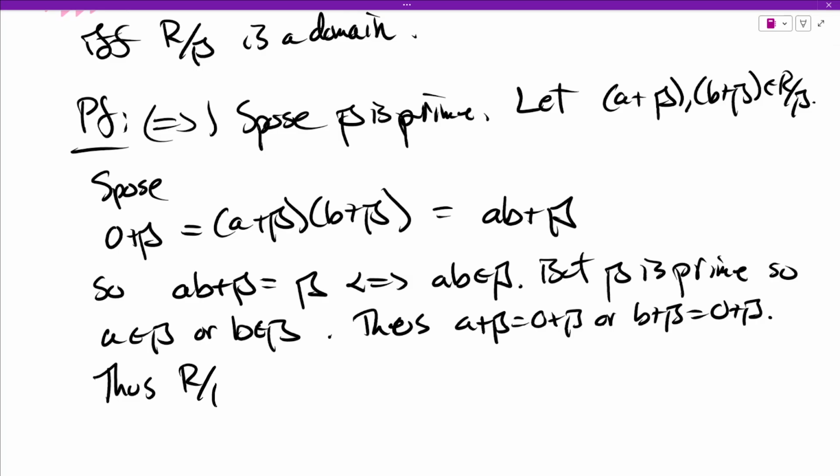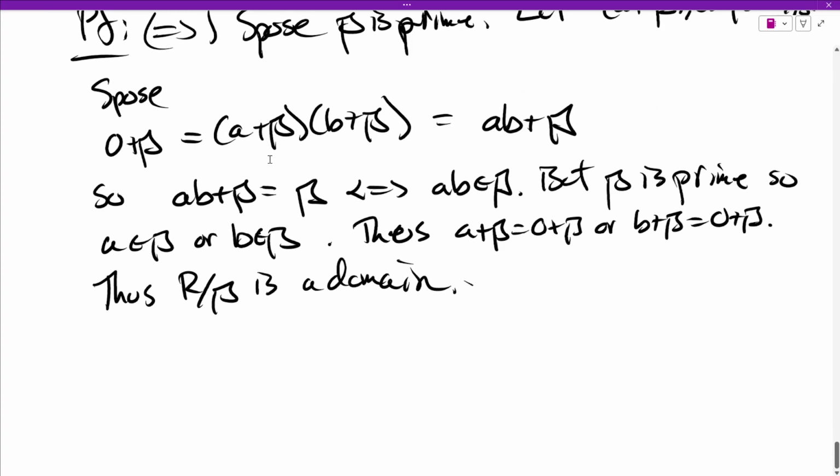So R mod P is a domain. Okay, so that's the forward direction. If you're prime, then you're a domain.